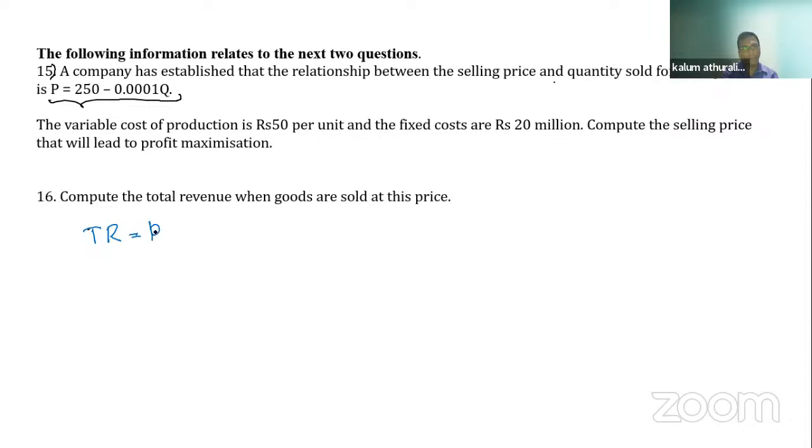TR equals P times Q. We know the price P, when it is given, P is 250 minus 0.001 Q. Sorry, a 0 is missing.